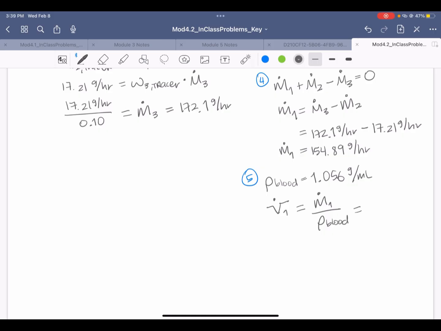So if we do that, what we would end up getting is our actual final answer. And let me grab my calculator because I'm genuinely doing this problem for the first time. And that would be 146.67 milliliters per hour.